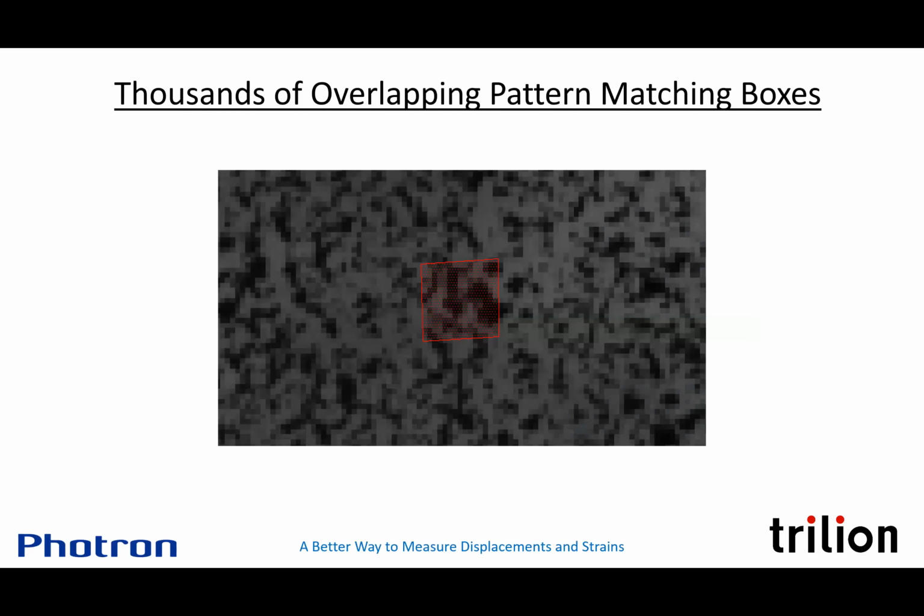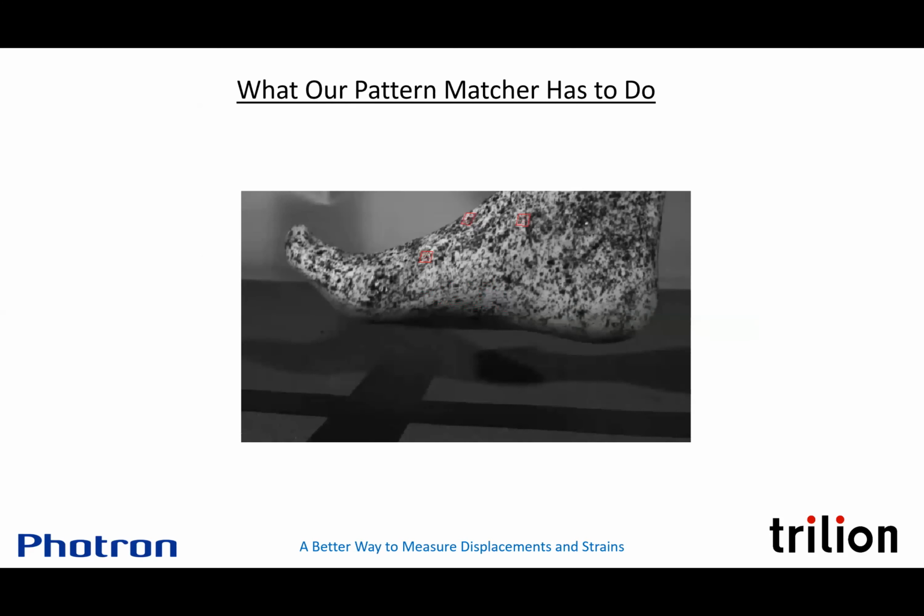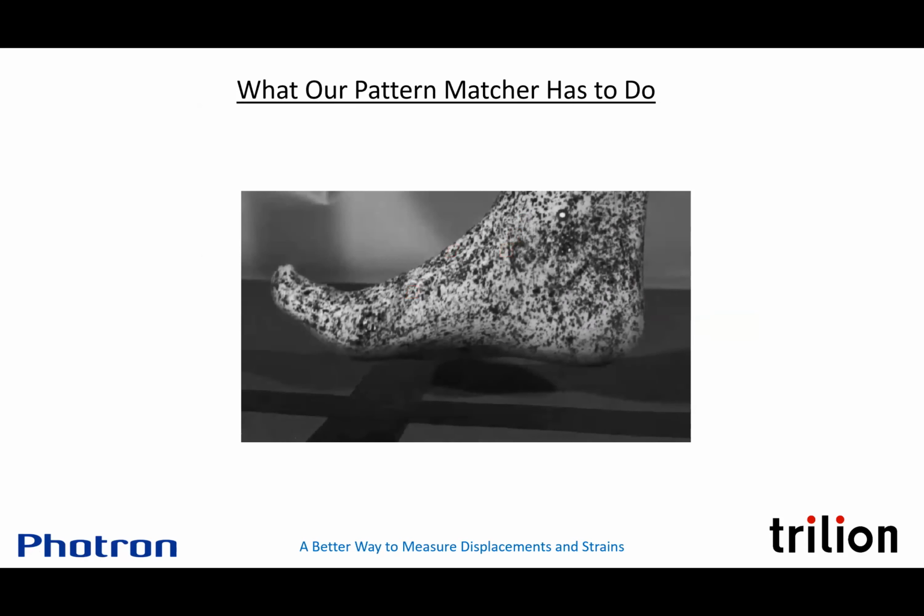The way that works is actually quite similar to the point tracking. We're defining pattern matching boxes, 15 or 20 pixels square, and we're tracking the centers of those the same way that we would track the centers of individual dot targets. But what DIC actually does is quite remarkable behind the scenes. This is all happening completely automatically in the software.